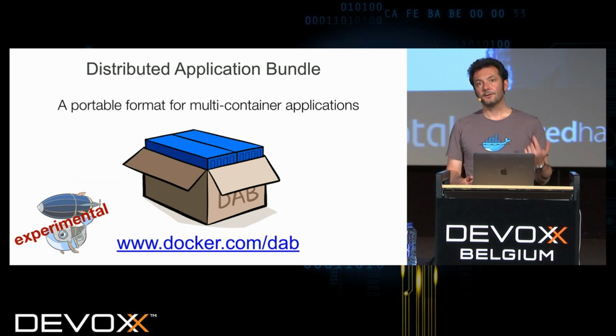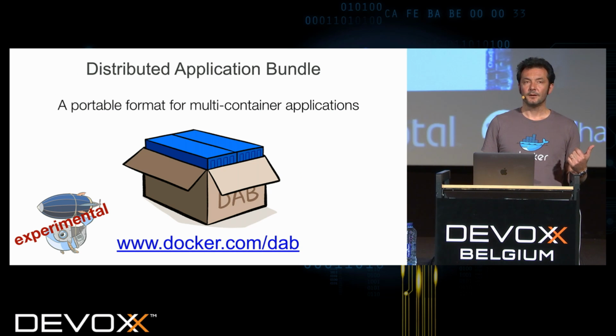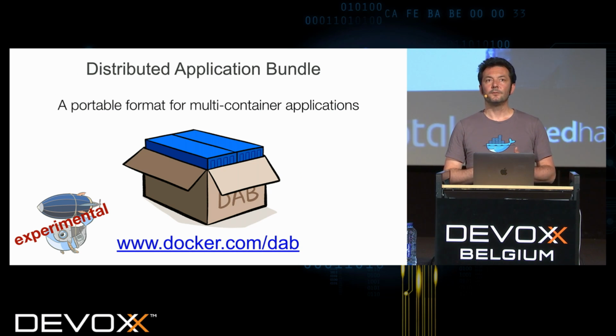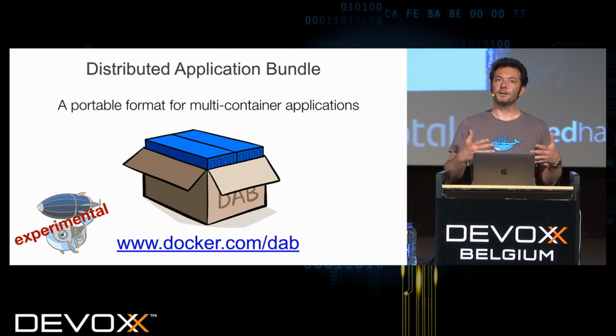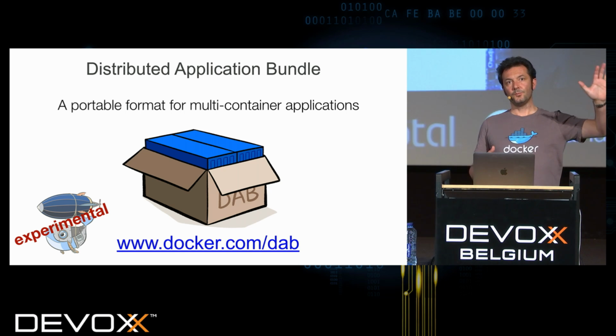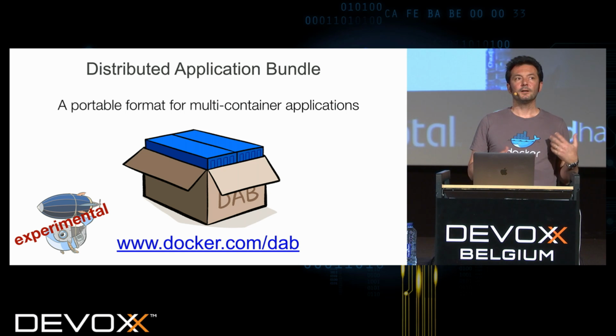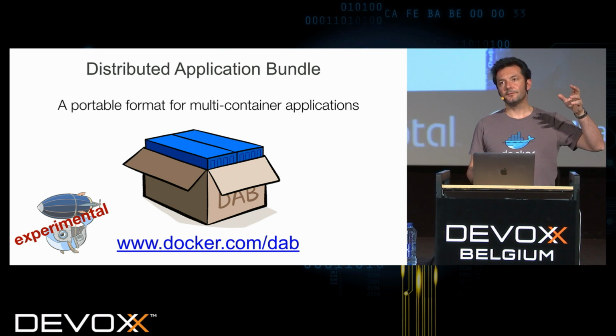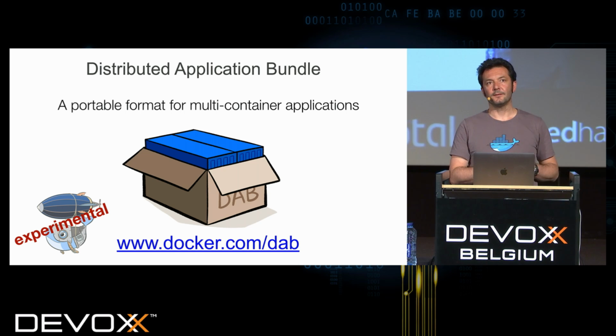And then the last thing that we introduced last summer was an experimental format that's called the Distributed Application Bundle. So I showed you my Docker compose file here. When you're building a compose file for production, typically there's many more environment variables and things that are non-portable in there.